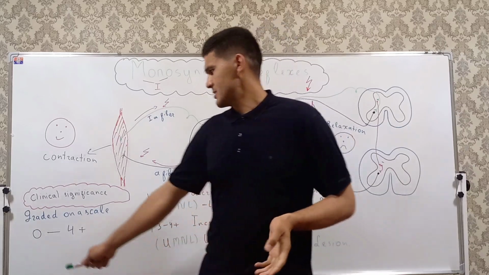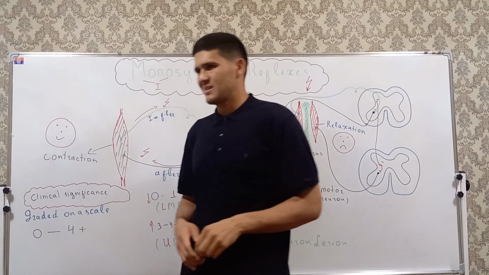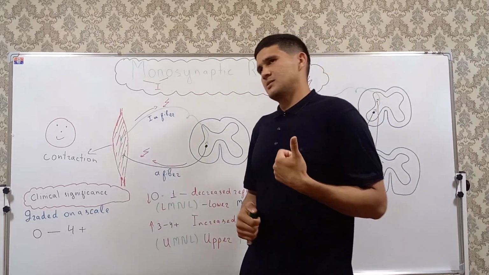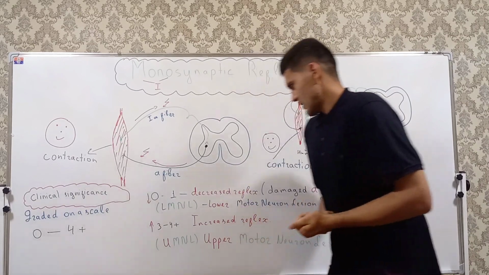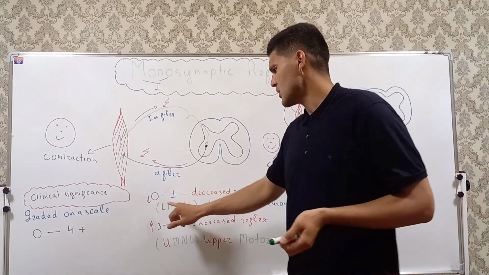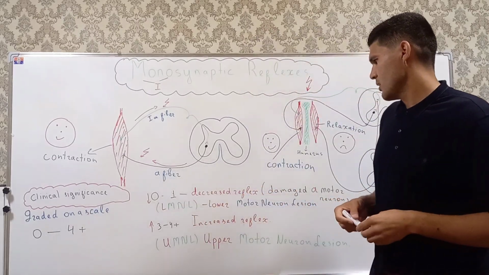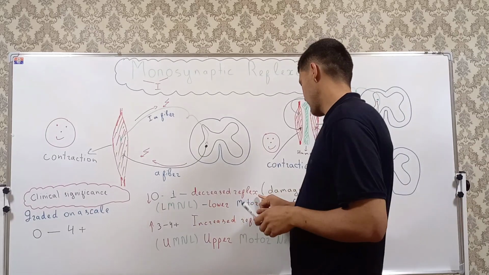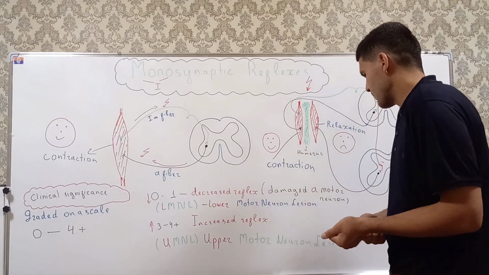Okay, 0 means that there is no reflex at all, and 4 plus means that there is an increased monosynaptic reflex. Please look at this: between grade 0 and 1, we call it a decreased reflex when we see this kind of condition.